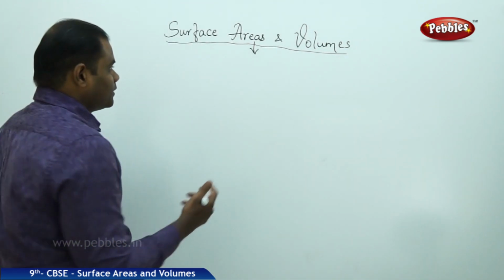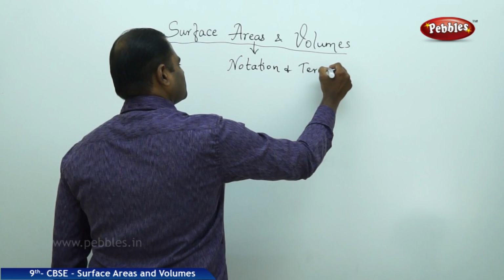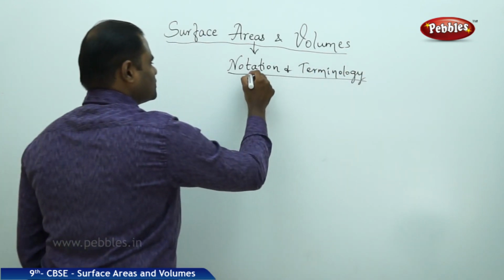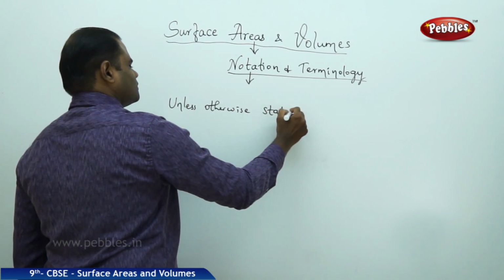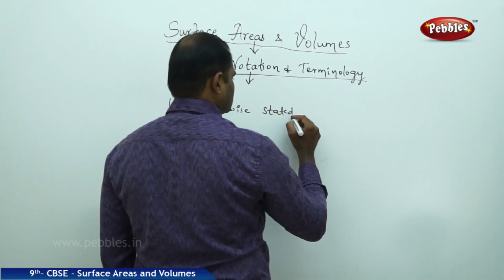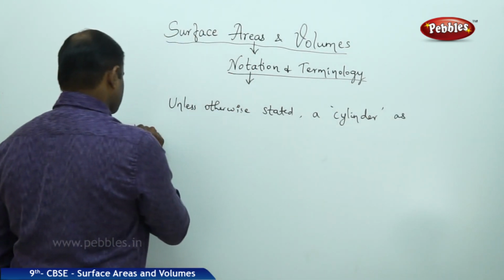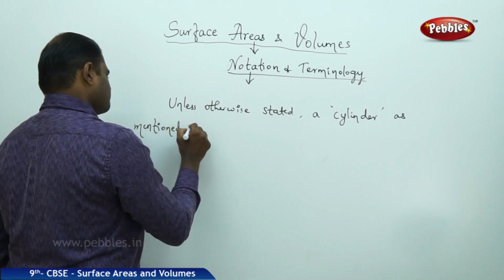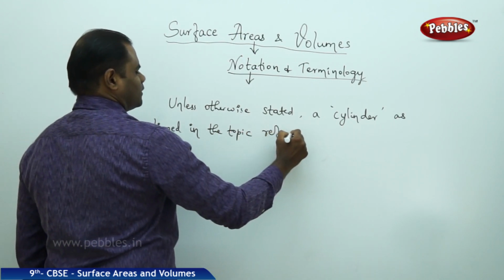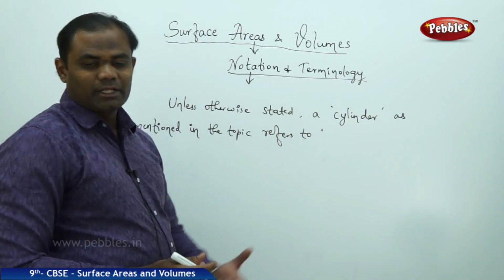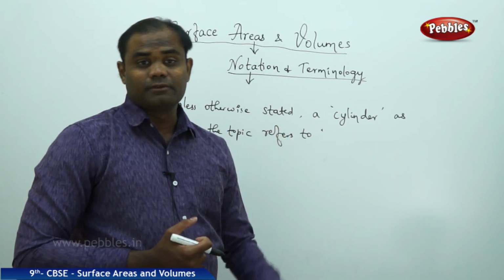So in the syllabus, when we refer to the notation and terminology of understanding the cylinder, we understand that unless otherwise stated, a cylinder as mentioned in the topic refers to a right circular cylinder. So any problem related to the word cylinder is assumed to be a right circular cylinder unless otherwise stated with something else.